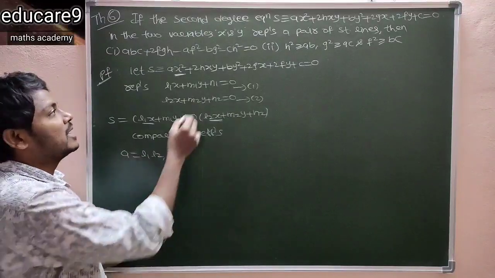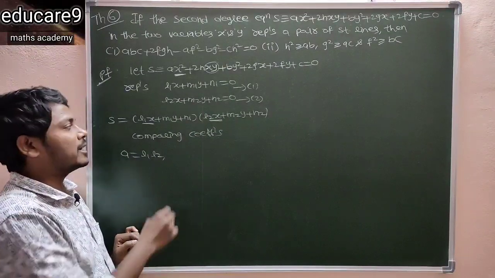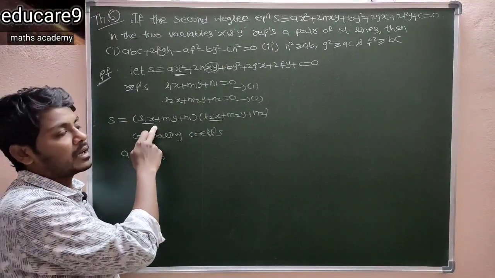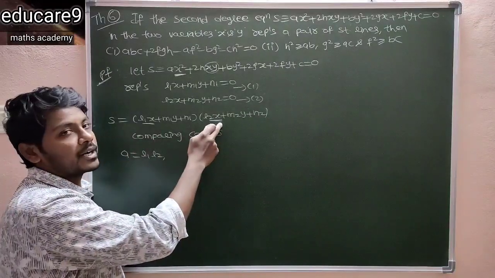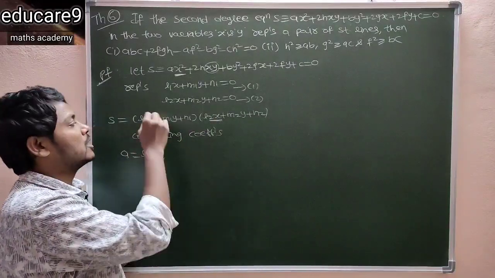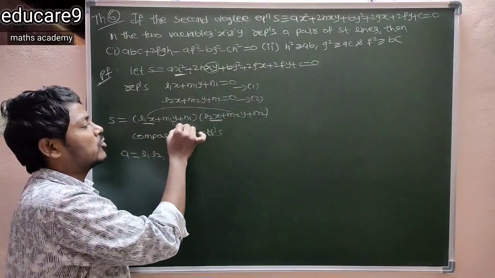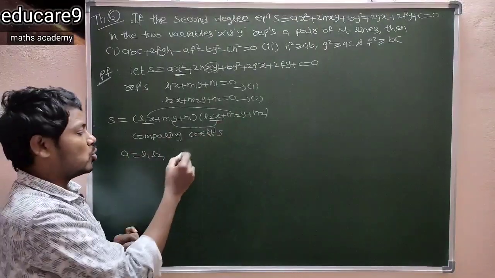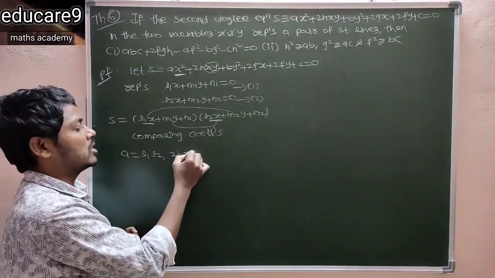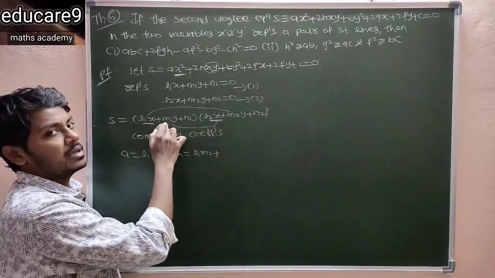Next you want the xy coefficient. For that, here you take the x coefficient, here the y coefficient, and then the y coefficient, x coefficient. That is L1x, M2y. Next the y coefficient, x coefficient. That is L1, M2. So 2h is equal to L1 M2 plus L2 M1.